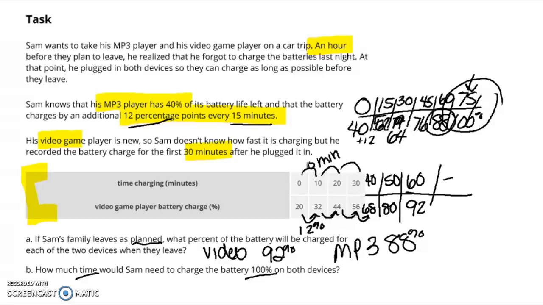If I add 10 minutes down here, I would be adding another 12. So this would be 104%. Well, we know something can't charge 104%. So it would take us 70 minutes. So Sam needs to be able to charge 75 minutes in order for them both to be completely charged.